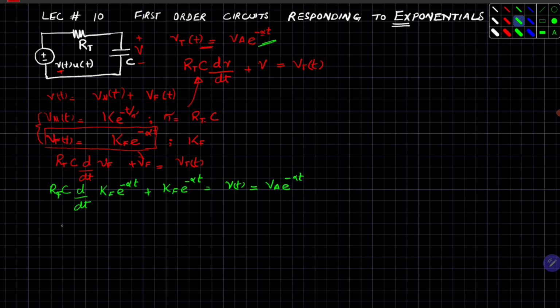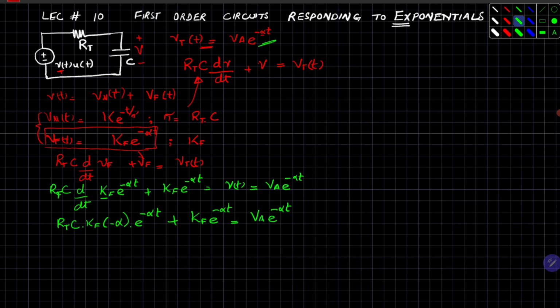These are constants, and this will come out from the derivative. So we are left with R Thevenin times C into Kf multiplied by minus alpha into e raised to power minus alpha t plus Kf e raised to power minus alpha t is equal to Va e raised to power minus alpha t.